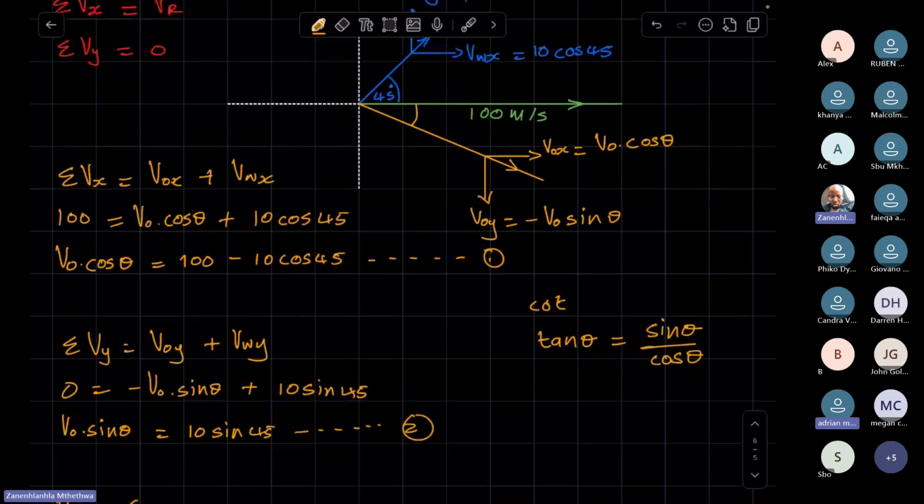My first equation was the sum of Vrx equals Vax plus Vwx. And then I got 100 equals Vax plus 10 sine 45. And then I got Vax equals 100 minus 10 sine 45. And then I got Vax as 92.929 meters per second east. Yes, 92.929.